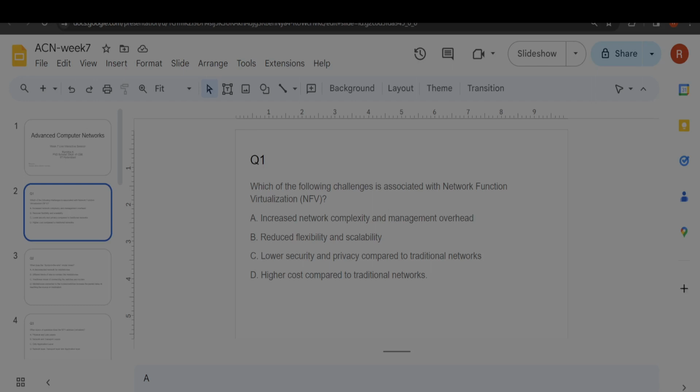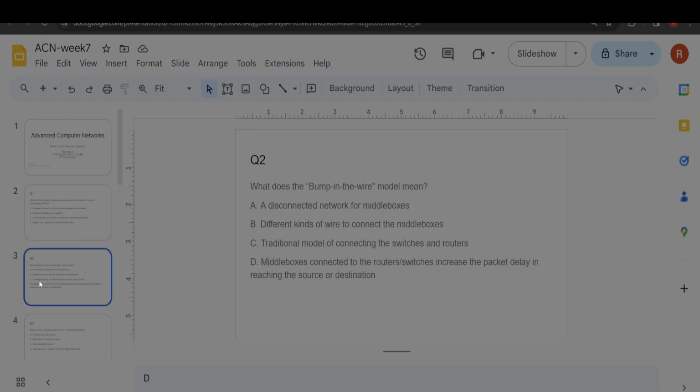The next question is, what does the bump in the wire model mean? One, a disconnected network for middle boxes. Two, different kinds of wire to connect middle boxes.